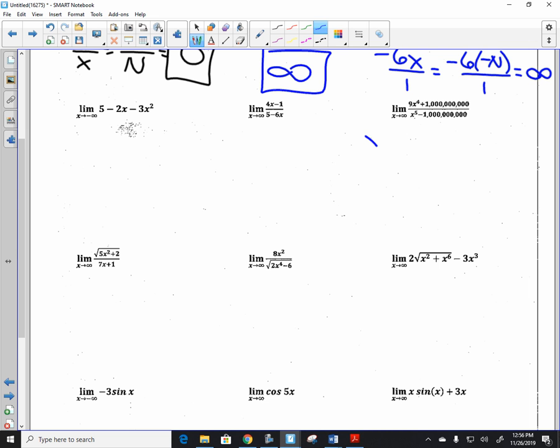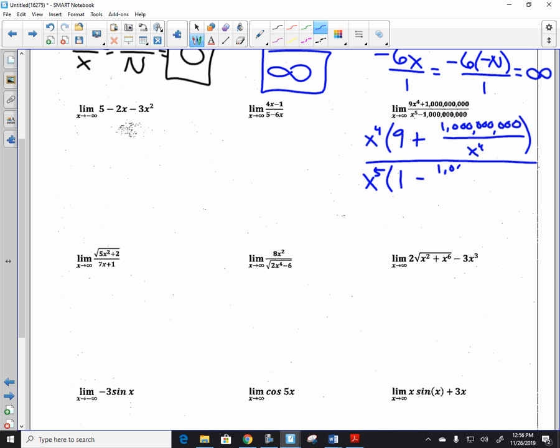I factor out x to the 4th, and I'm left with 9 plus 1 billion over x to the 4th. And in the bottom, I factor out what? X to the 5th, and I'm left with 1 minus 1 billion over x to the 5th.